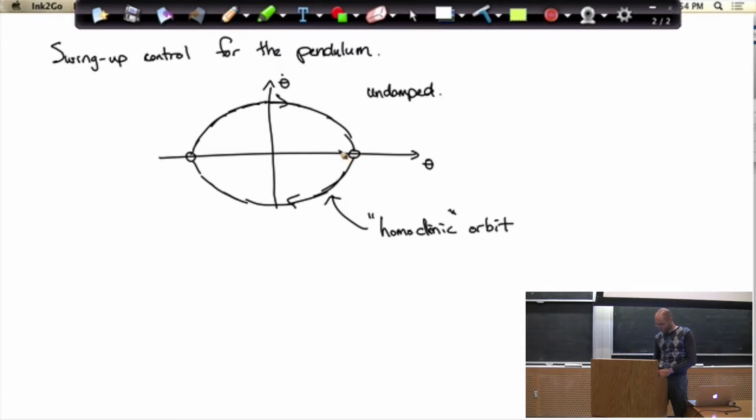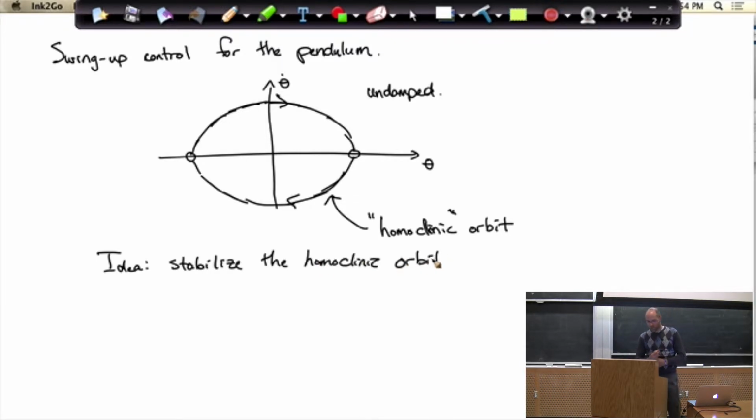So that's the idea. Let's try to stabilize the homoclinic orbit. We're going to come up with a nonlinear controller that stabilizes that orbit, and then let it ride the wave right to the goal.